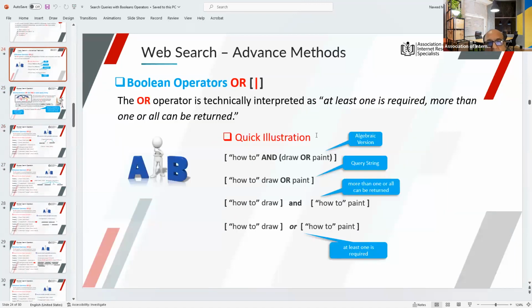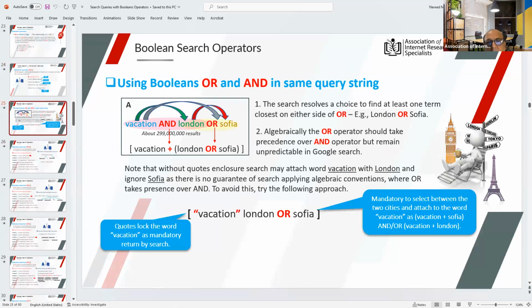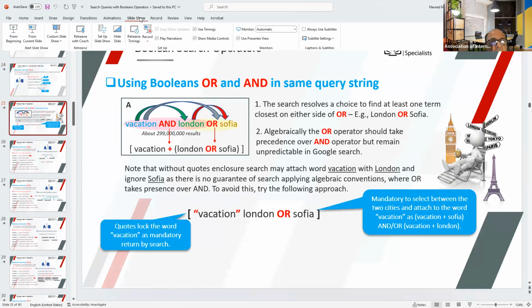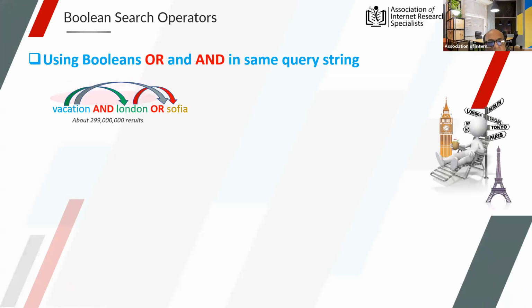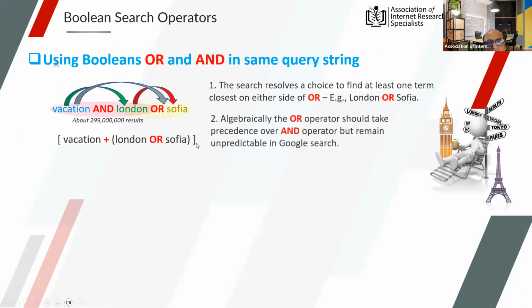Okay, there is one more. This one. Okay, so let's just do this one as well. So this is the same example, except that we have substituted these words.